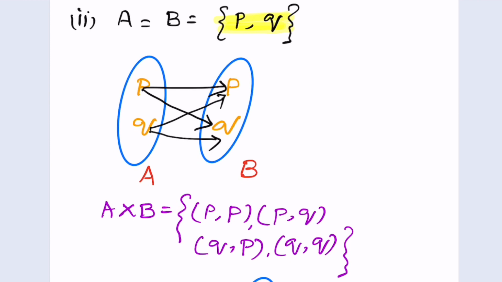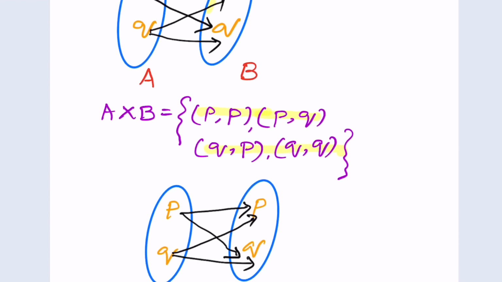Let A be a set with the elements P and Q and B be a set with the elements P and Q. Now to find A cross B, let us associate every element of A with all the elements of B. Now we get 4 ordered pairs. A cross B is equal to the set of all ordered pairs (P, P), (P, Q), (Q, P) and (Q, Q).